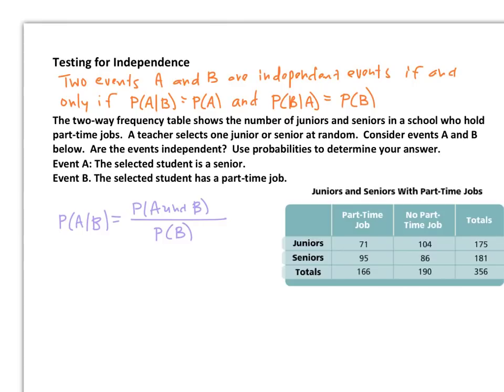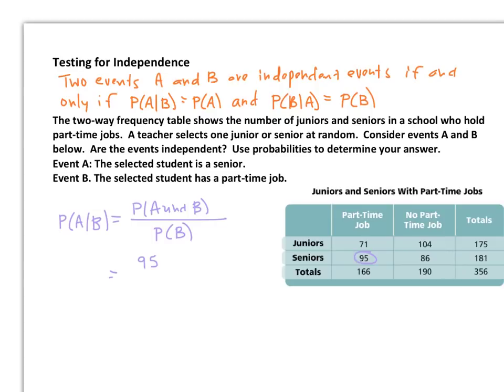So let's look at our numbers here. Well, probability of A and B. So the selected student is a senior and has a part-time job. Well, if I look at my table, seniors who have a part-time job, there are 95 of those. So 95.